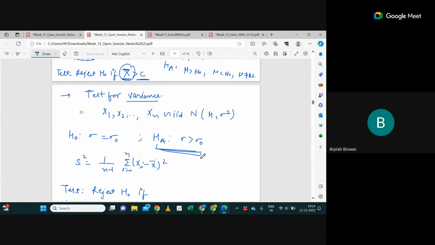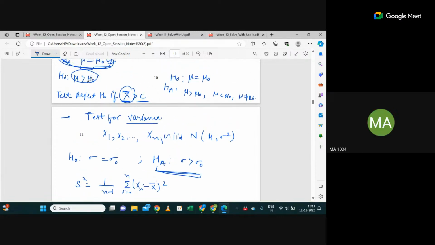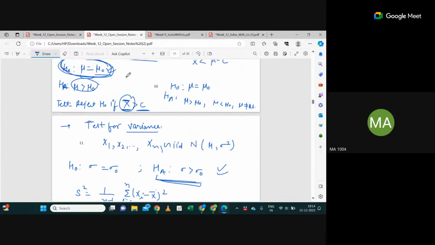Do we have to say it in terms of sigma, or in terms of any constant? If H A is mu greater than mu naught, I decide my test as x bar greater than C. I check my claim about the population mean by the sample mean.